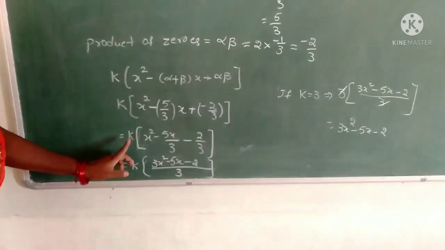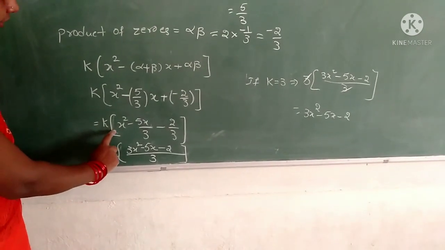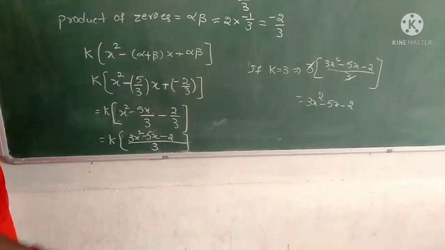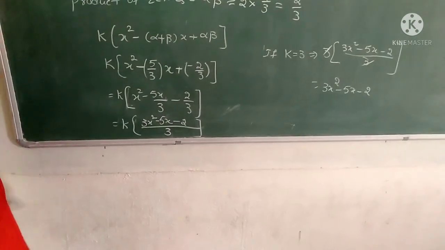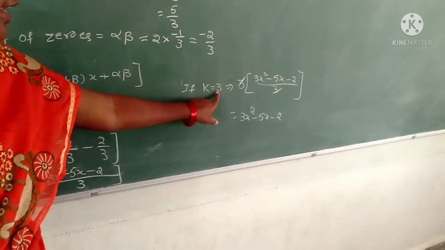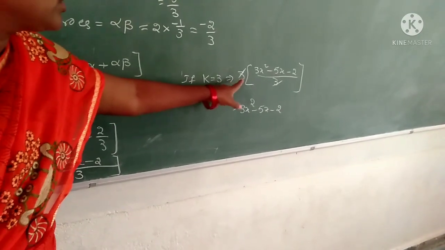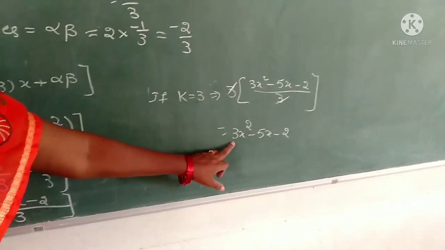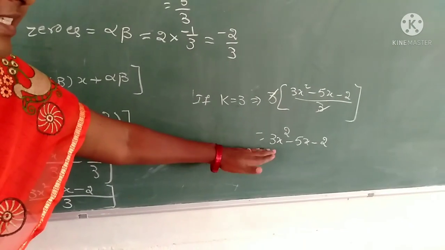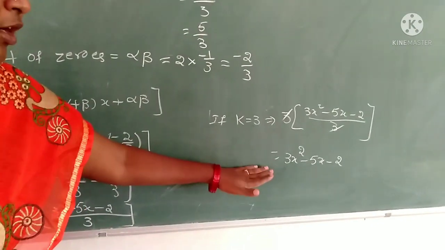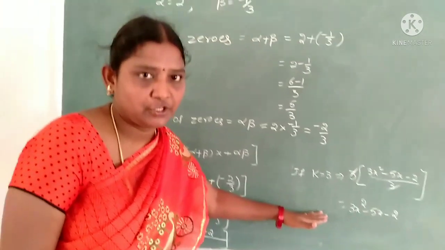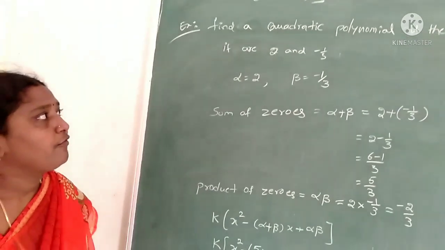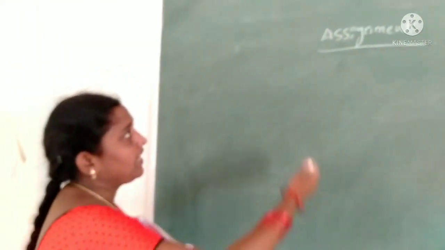So simplify: k into x square minus 5x by 3 minus 2 by 3. If k equal to 3, so 3 cancel. Remaining value 3x square minus 5x minus 2. So this is the required quadratic polynomial 3x square minus 5x minus 2, when we know the zeros 2 and minus 1 by 3. Write the assignment.